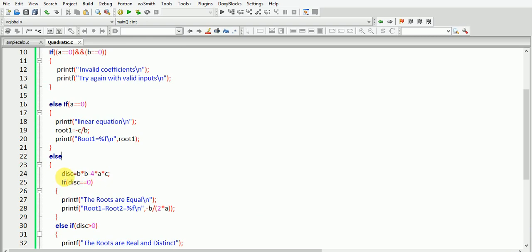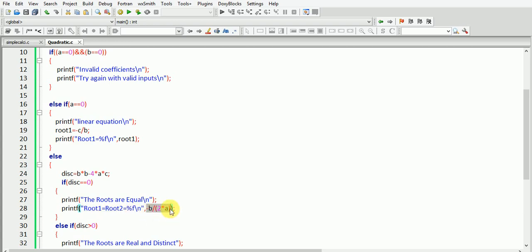If this discriminant becomes 0, then as we saw in the theory part, when d becomes 0 the roots will be equal, and we just print the roots, that is root 1 is equal to root 2, which is minus b divided by 2a.